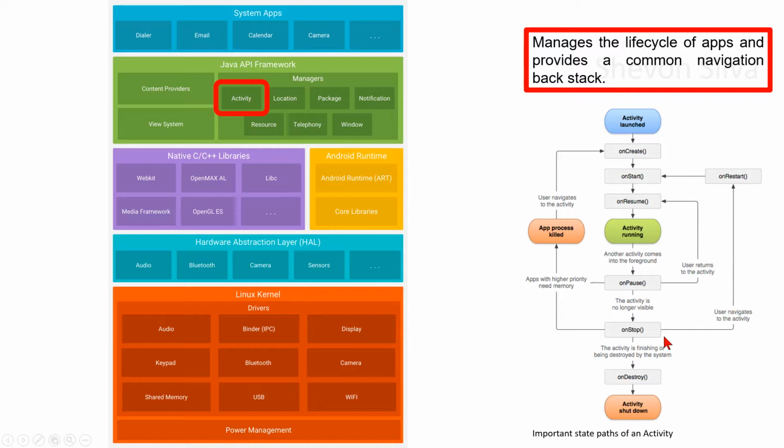This is typically used to stop animations and refreshing the UI, etc. Followed by either onRestart if this activity is coming back to interact with the user, or onDestroy if this activity is going away. So if the user navigates to the activity, then it goes back to onStart, or this method is killable, so it can go to the app process killed state also.